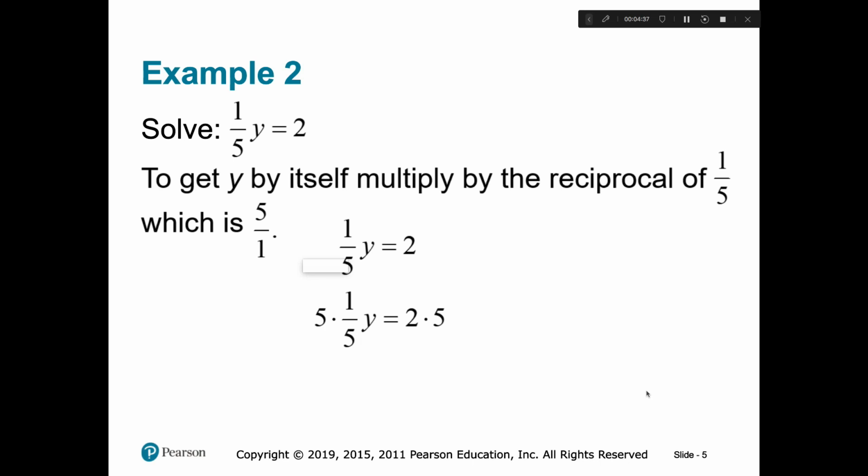And in order to divide, I have to flip and multiply. If I flip over the fraction 1/5, it becomes 5 over 1, which they have just written as a 5. So y equals 10.